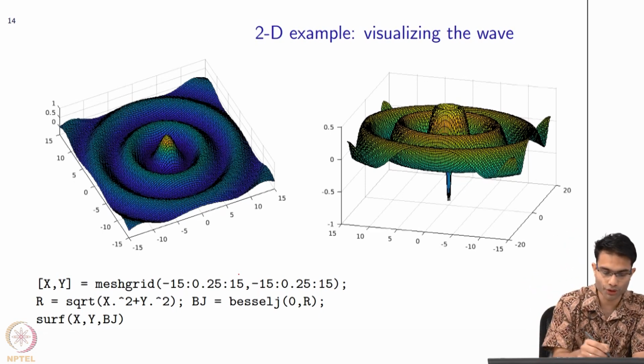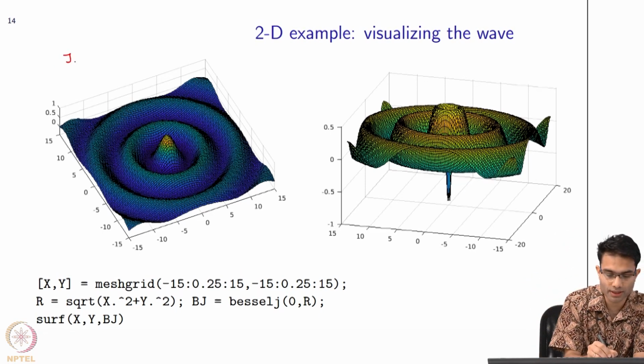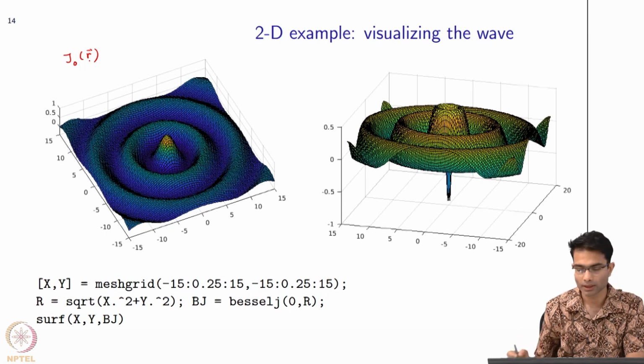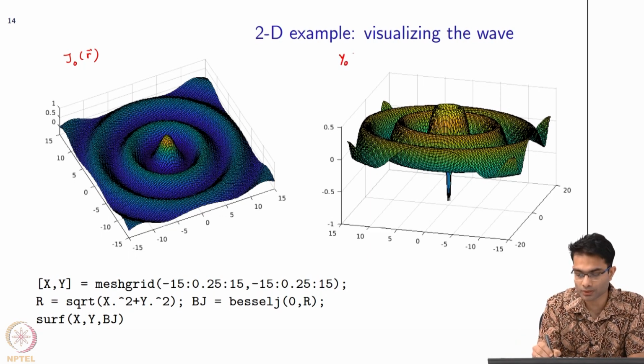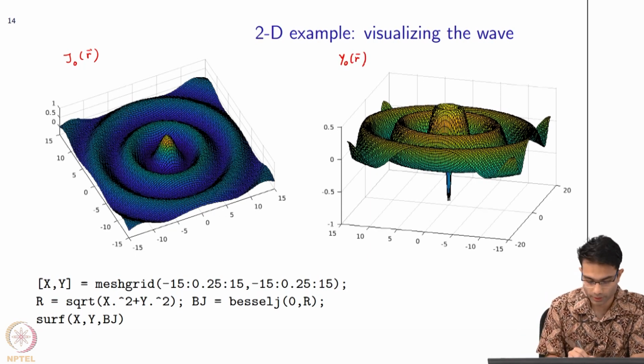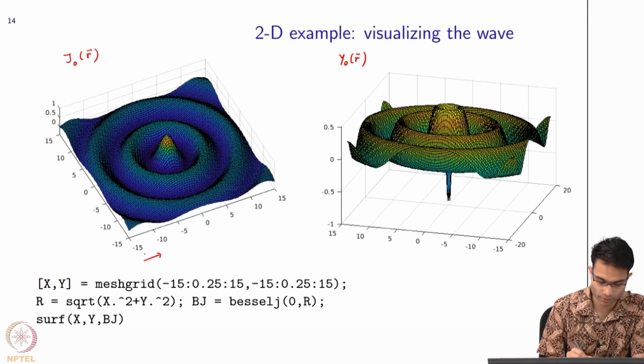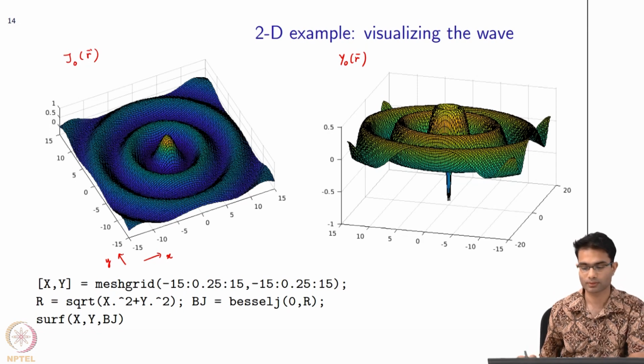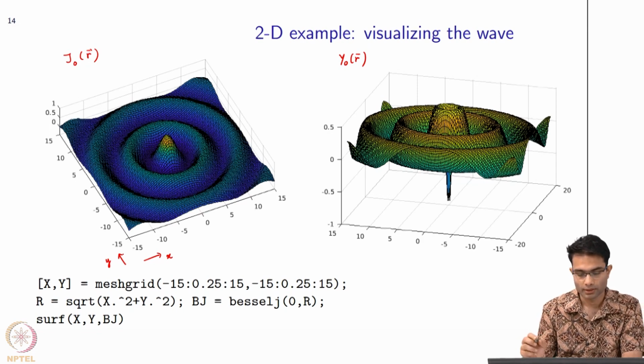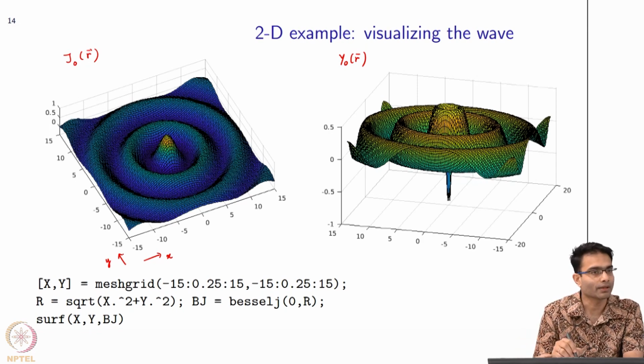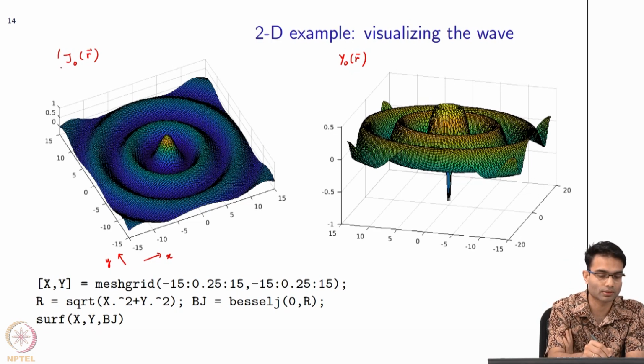So what I am showing you over here is your J0 of r, since I have plotted it in the plane, and this is your Y0 of r. For example, this is your x axis and this is your y axis. I am just varying x and y, and at each value of x and y, I am plotting this function.